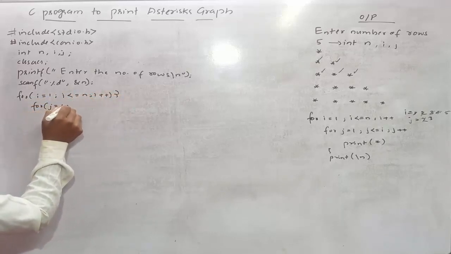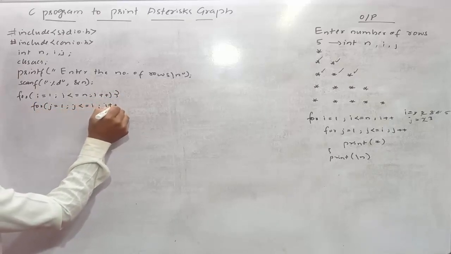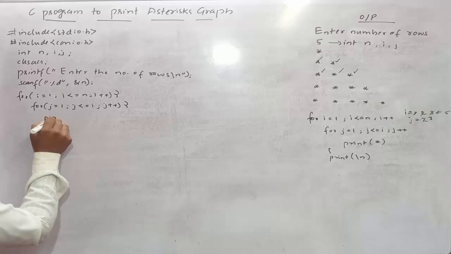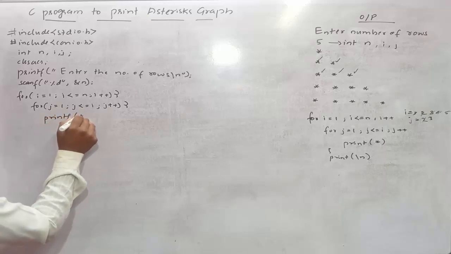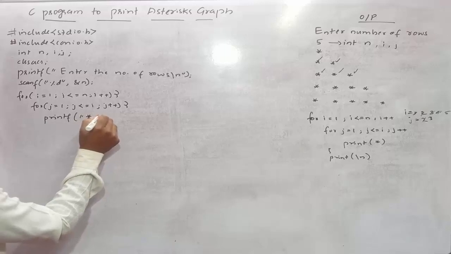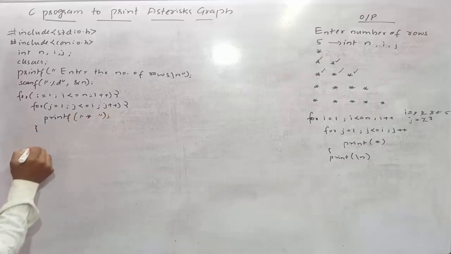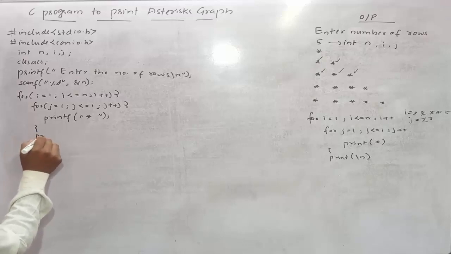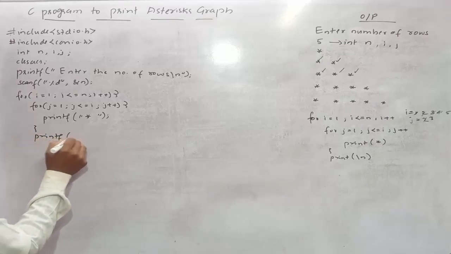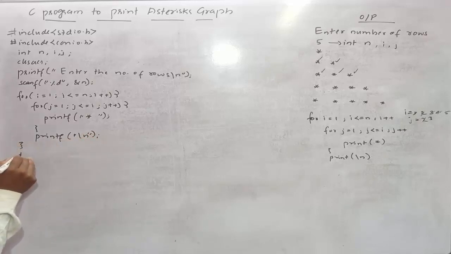For j equals 1, j is less than or equal to i, j plus plus, printf star space semicolon and then printf backslash n, then bracket close.